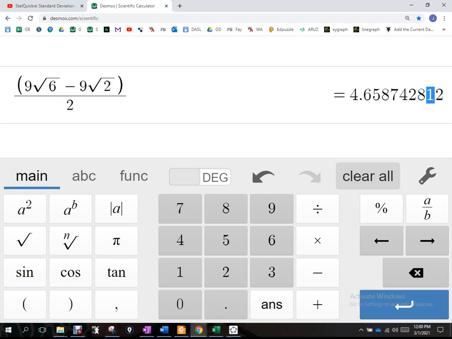Now, based on how calculators work, I'm not sure if that's a 2 or not. That number that I've highlighted is all predicated on the number that comes after it. If the number after it is less than 5, then that would be a 2. Does that make sense?